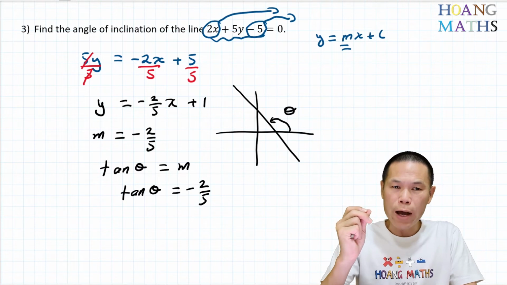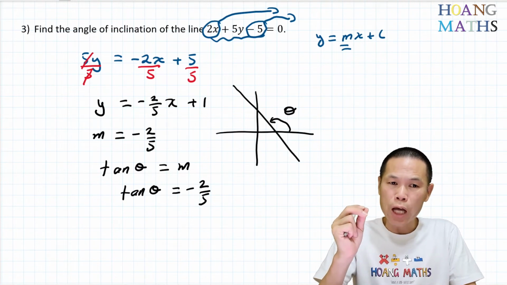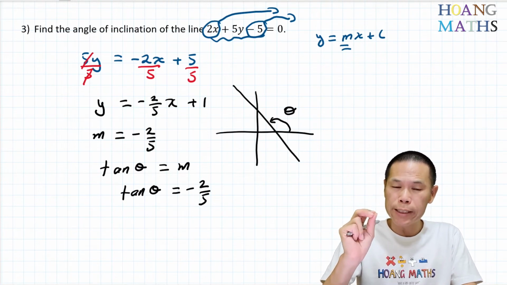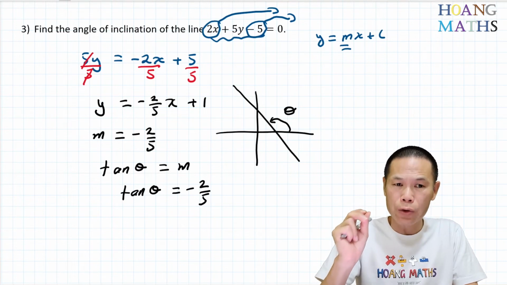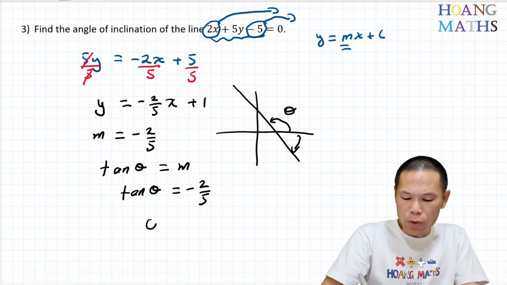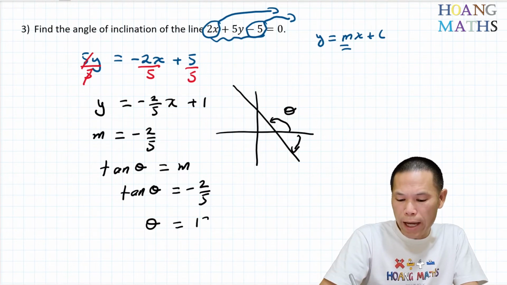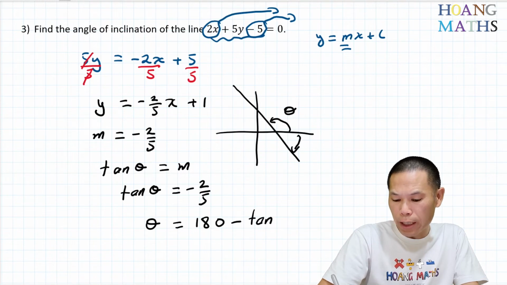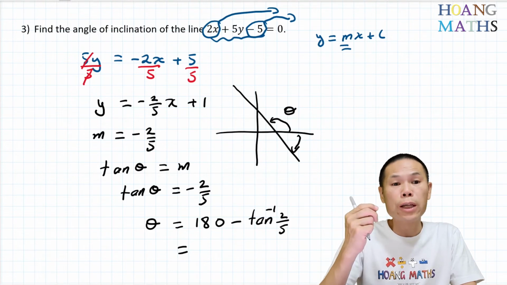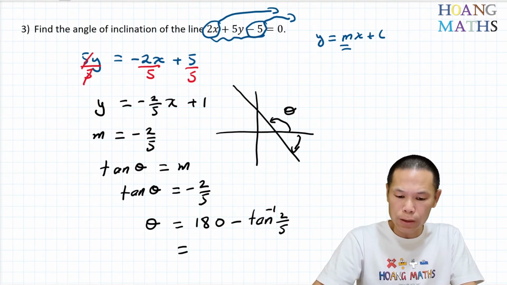To work this out, I can simply ignore the sign of the gradient and go 180 minus inverse tan of the gradient. So the angle theta, the angle of inclination, is equal to 180 minus inverse tan of 2/5.